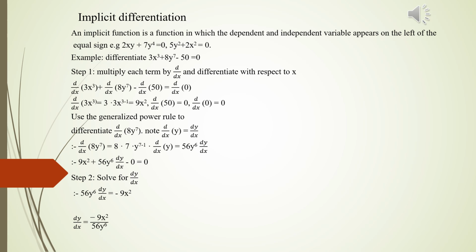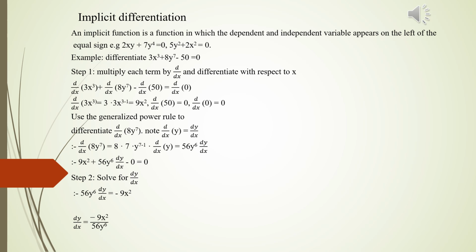Therefore 9x raised to power 2 plus 56y raised to power 6 dy dx plus 0 equals 0. So we are adding all the derivatives together, we have 9x raised to power 2 plus 56y raised to power 6 dy dx minus 0 equals 0.